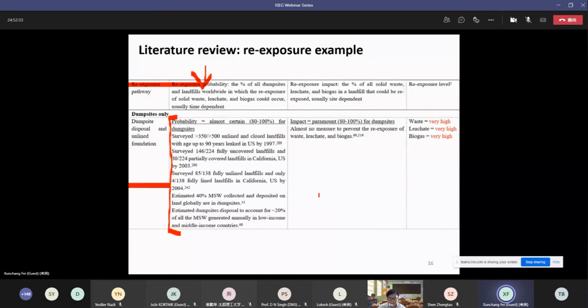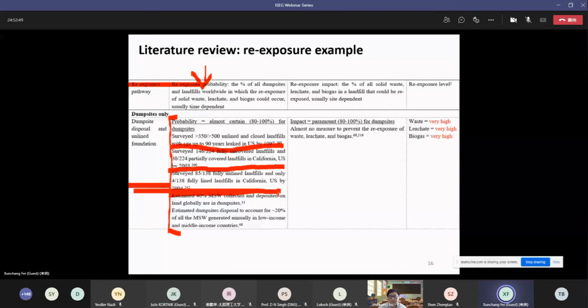So we look for all these percentage numbers and summarize as much as we can in this table. This is basically the methodology we are using to look for different good studies and pull out their numbers to come up with the probability of the waste re-exposure.